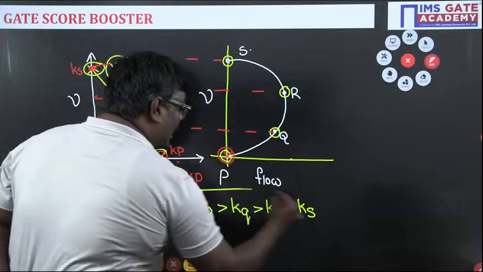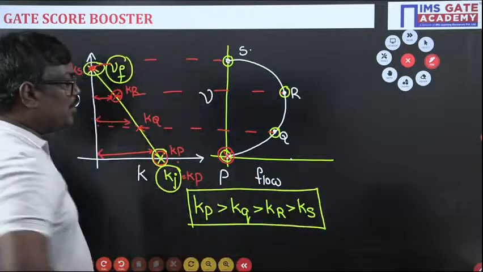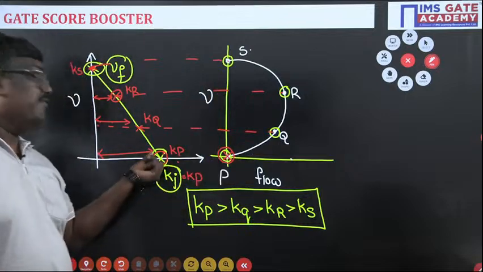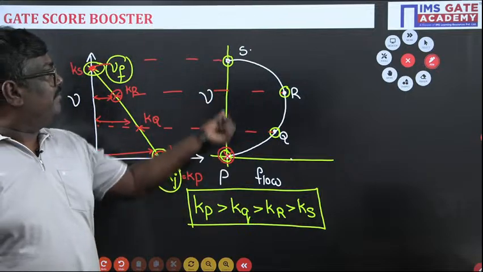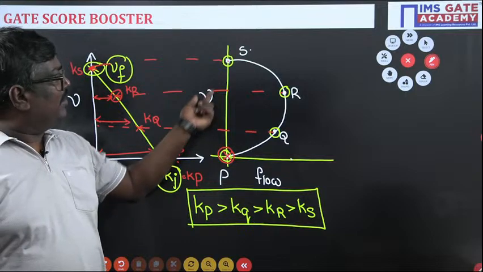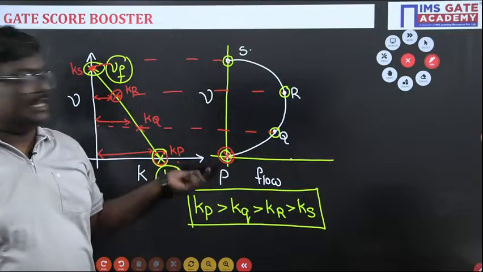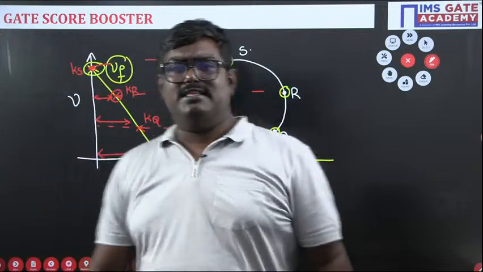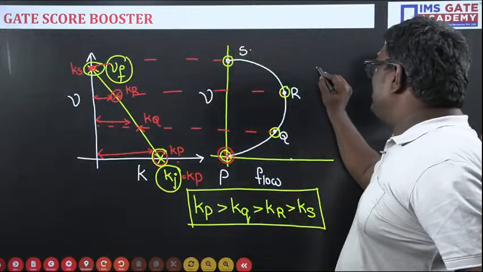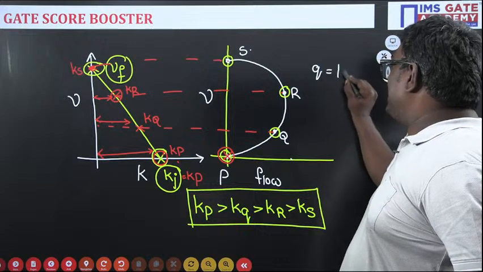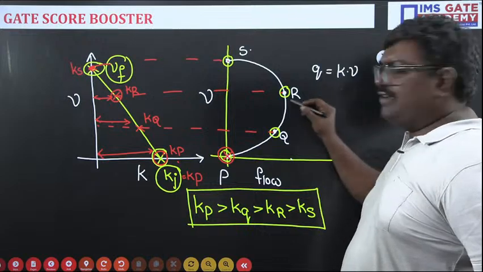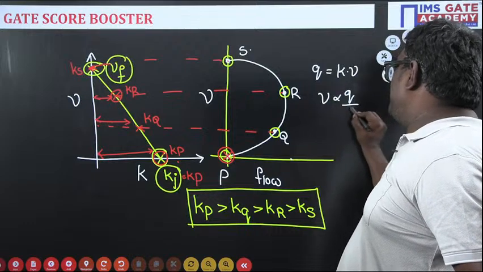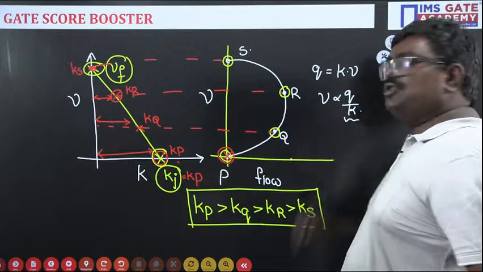If the velocity is minimum, traffic density will be maximum. If the velocity is increasing, the traffic density is decreasing. Or you can write it this way, Q is equal to Kv. So velocity, which is Q by K, is inversely proportional to the density.